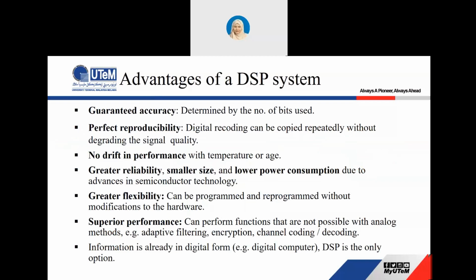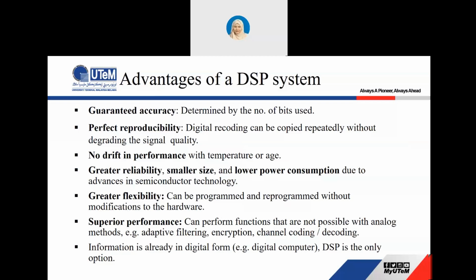Advantages of the DSP system: it has guaranteed accuracy determined by the system that we propose, and then perfect reproducibility, because when we record digitally, we can copy and repeat without degrading the signal quality. And then no drift in performance with temperature or age, and greater reliability, smaller size, lower power consumption due to advances in semiconductor technology, greater flexibility because, being digital, it can be programmed and reprogrammed without modification to the hardware.